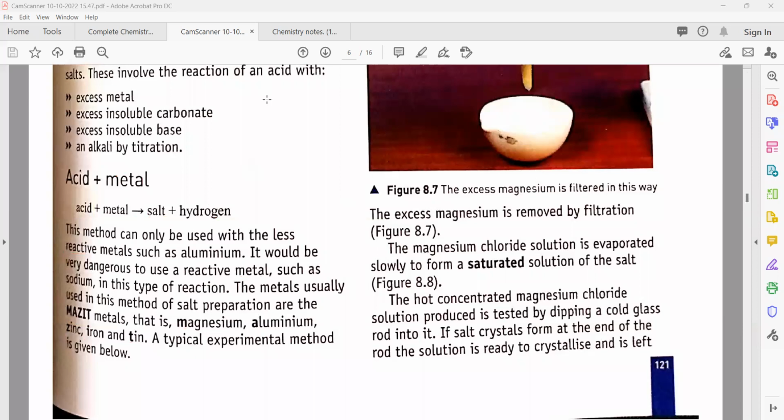Even you can choose H2SO4. You can use any acid. Here you need excess metal. Every time this part will come in.